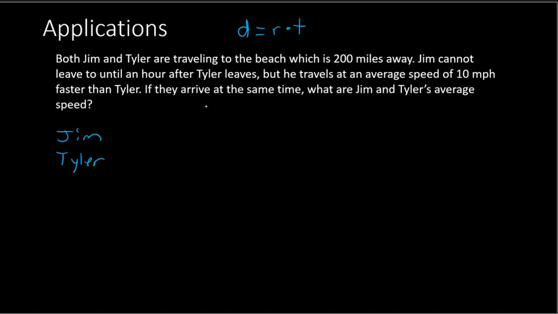Now there's different ways we can approach this, but one way is we can rearrange this formula as needed. And in this case, if we rearrange and solve for time, time would equal distance divided by rate.